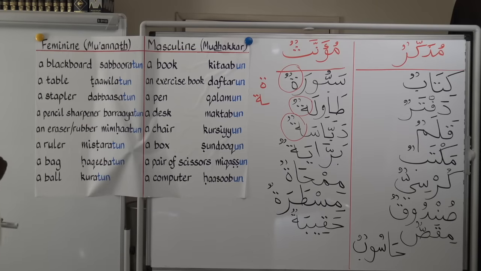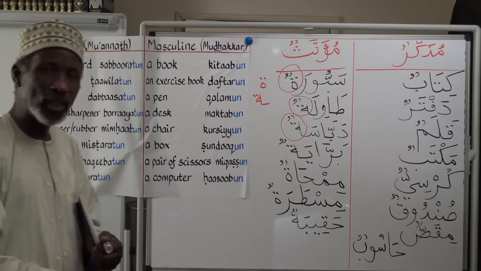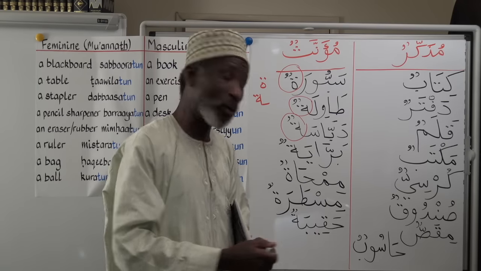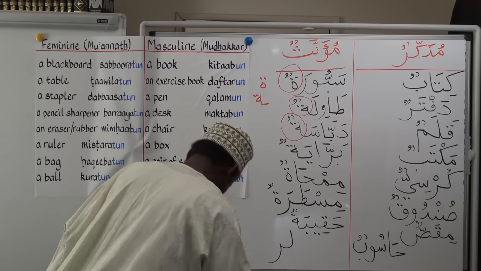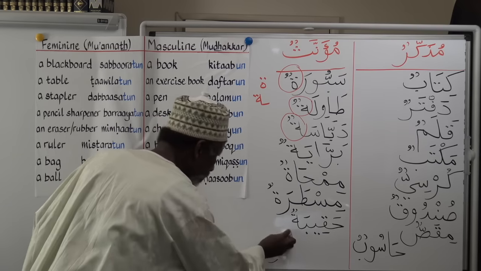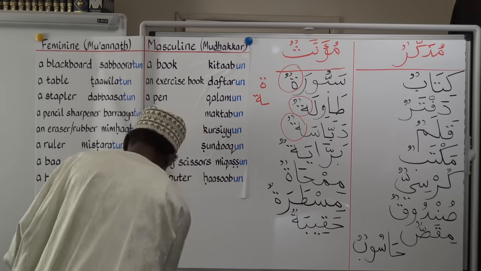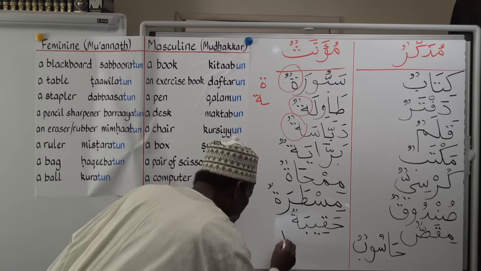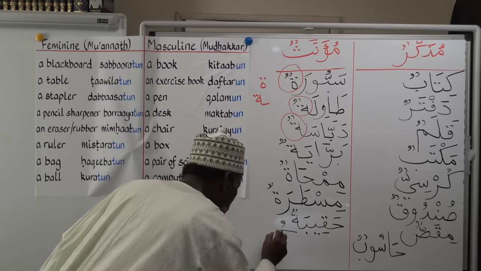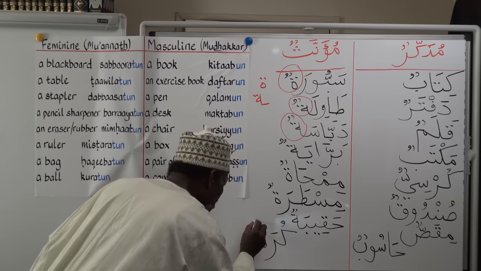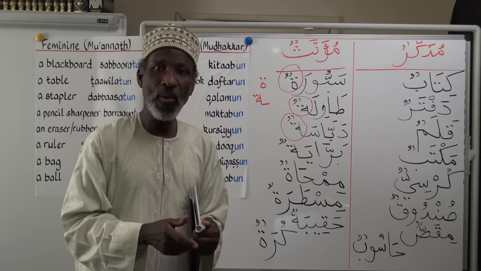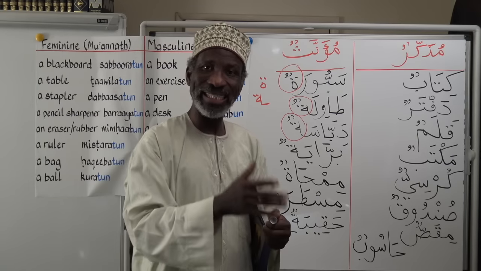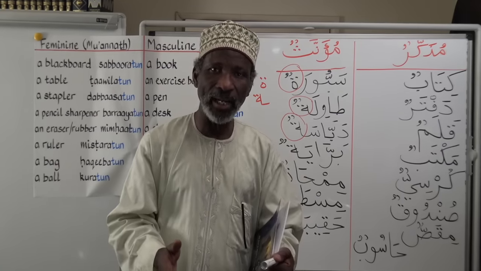And the last one under the mu'annath section is a ball. كرة. A ball. Let's write it here. كرة. So squeeze it a little bit where you can identify it easily. كرة. A ball.